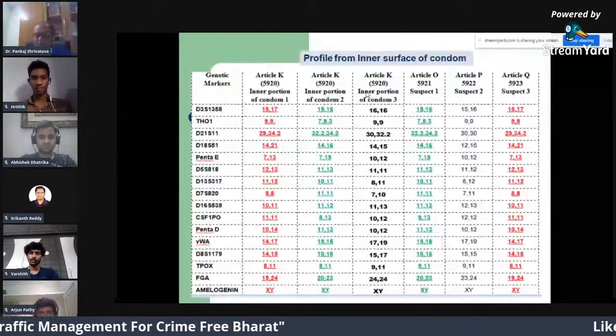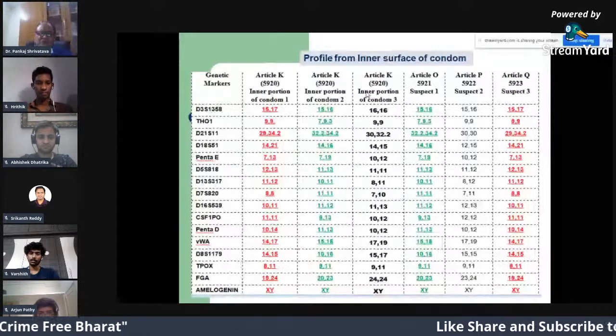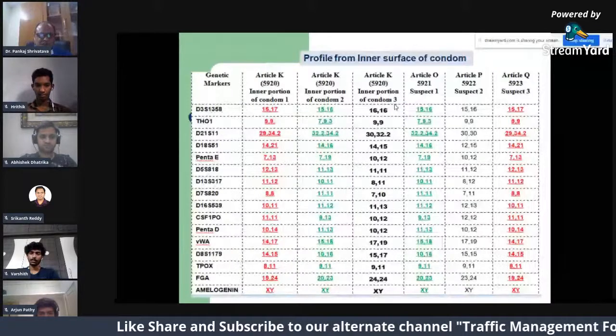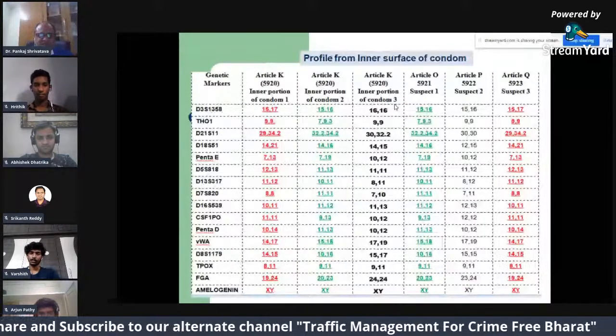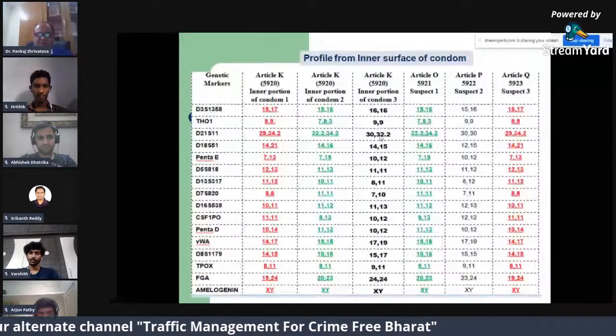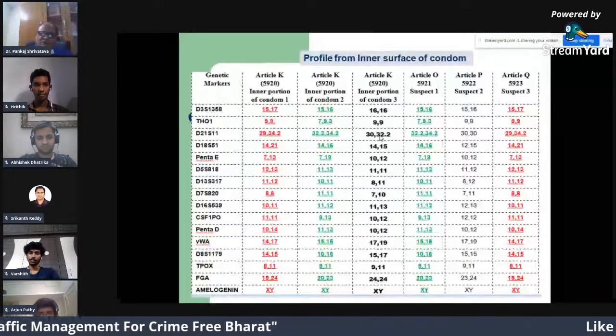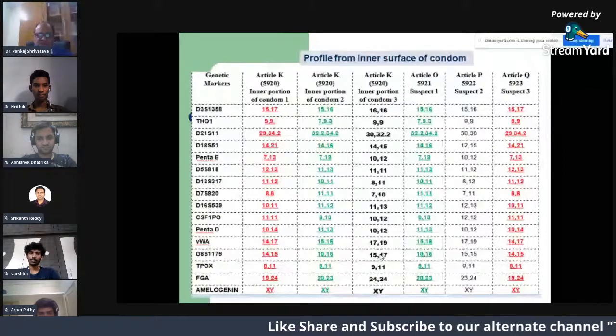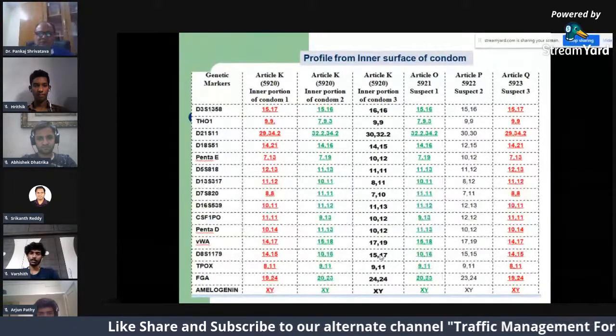Now every individual's DNA profile is unique. So this profile is different, this profile is different, and this profile is different. Please remember, from all the 3 condoms, from the outer portion a similar DNA profile was observed, but from the inner portion you got 3 different profiles.